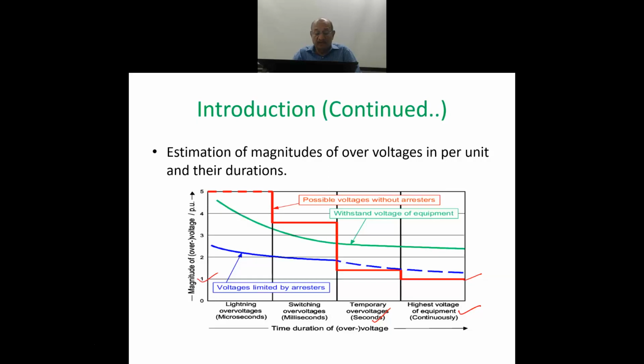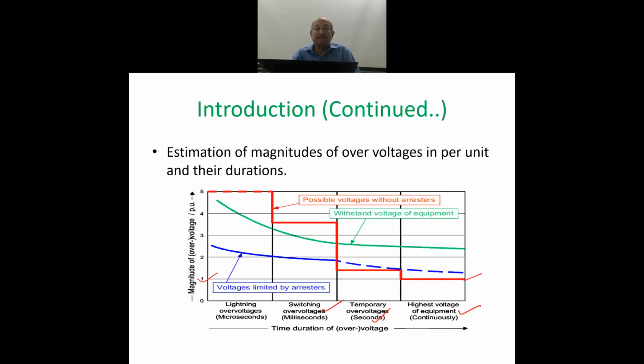Then the third type of overvoltage, as you see it here, is the switching overvoltage, which I just mentioned, that takes place because of the switching operation at the circuit breakers. We learn how, how much, and what the factors affecting the magnitude of the switching overvoltage are. As I also mentioned, the switching as well as lightning overvoltages are transient overvoltages, and both of them last only for a very short duration.